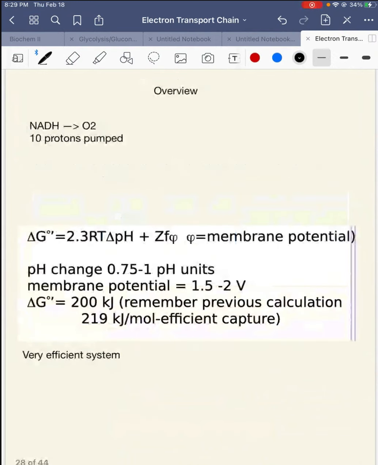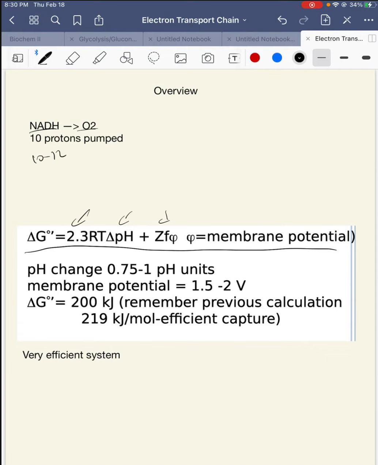Okay, so overview before we start ATP synthase: we went from NADH to oxygen. Approximately 10 to 12 protons are pumped, and then our free energy, when we use this equation over here, is also derived from delta G equals negative RT natural log of K, but then K is changed into pH and voltage. And then instead of natural log, they do a bunch of algebra, and it ends up being 2.3.